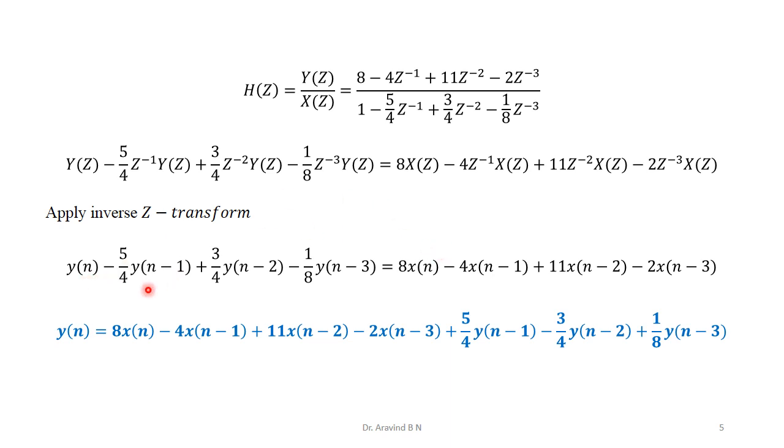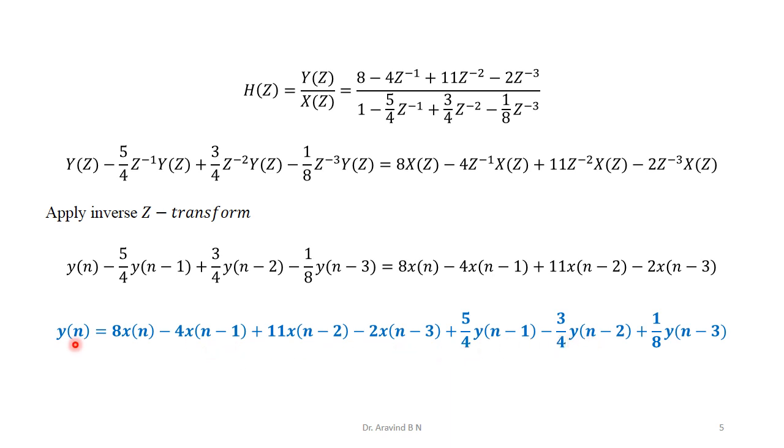Now making those arrangements, shifting y of n minus 1 with its coefficient, y of n minus 2 with its coefficient, and y of n minus 3 with its coefficient to the right hand side, and retaining only y of n on the left hand side, we are going to get this final realization.